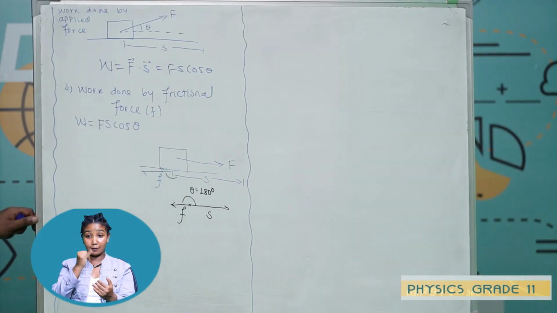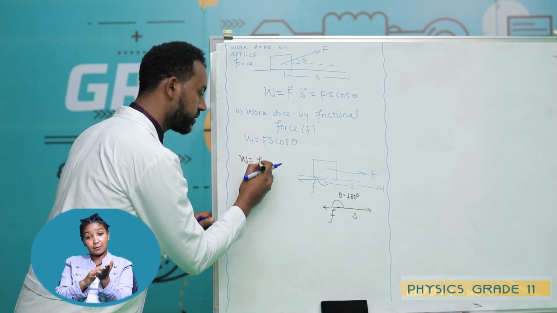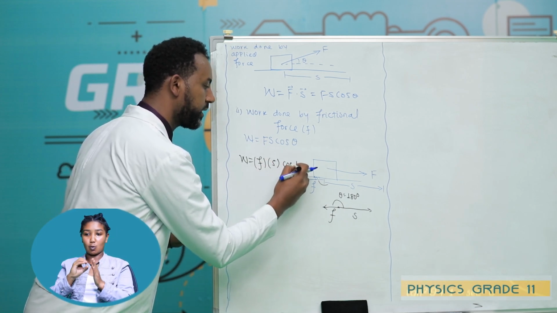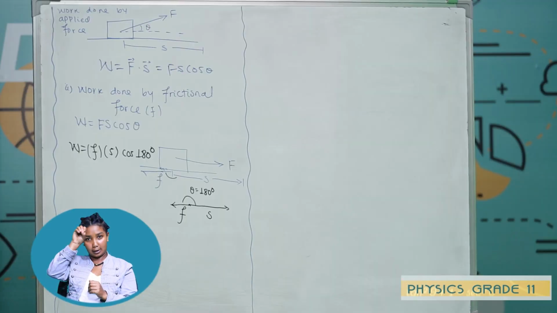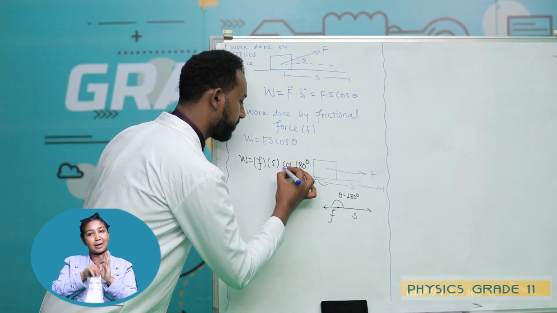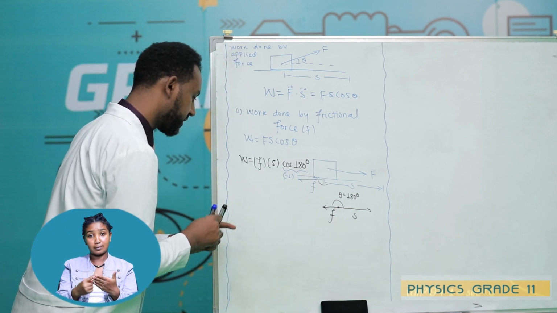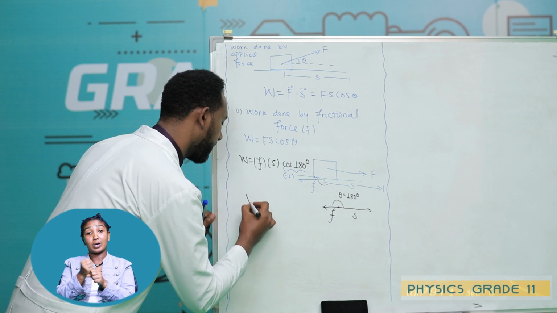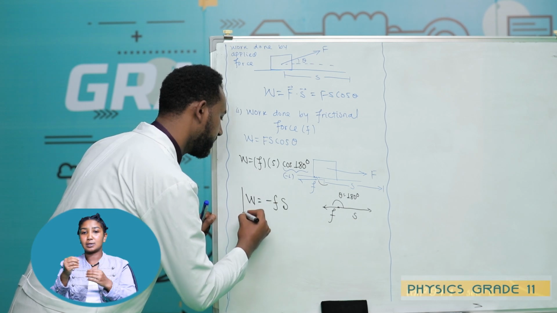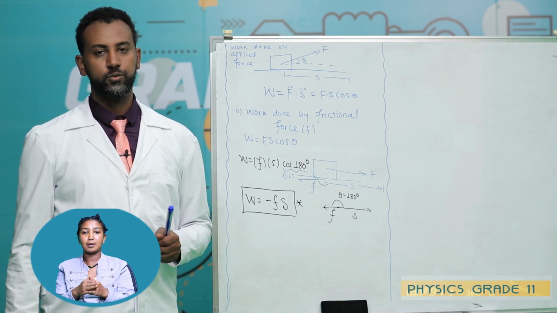If you substitute here, work equals the frictional force times the displacement s times cosine of 180 degrees. Cosine of 180 degrees gives us -1. Therefore, the work done by frictional force is equal to the negative of frictional force times displacement s. This is how we determine work done by frictional force.